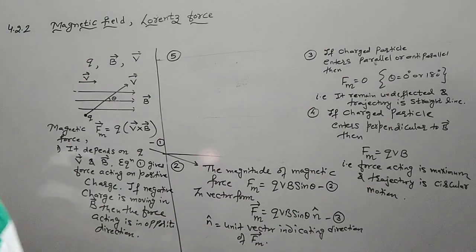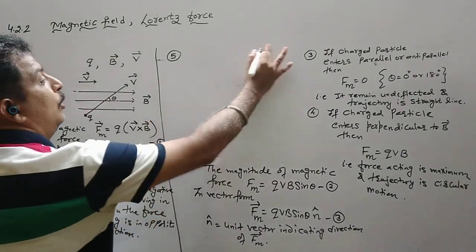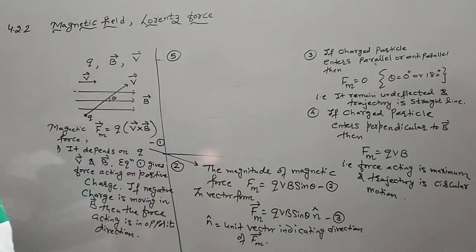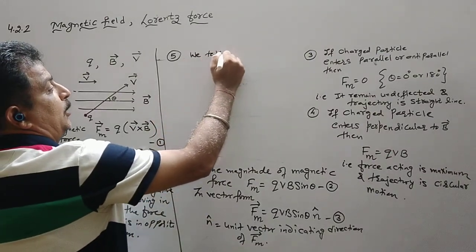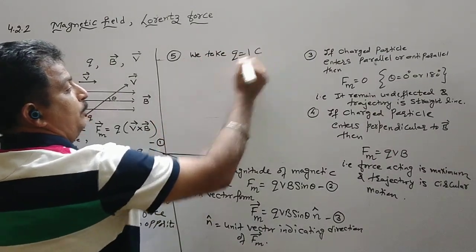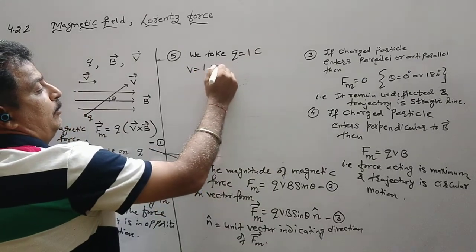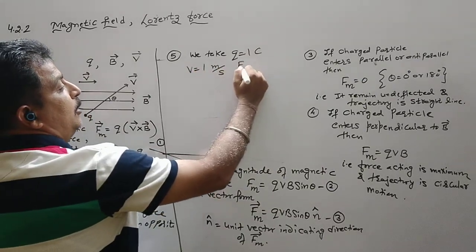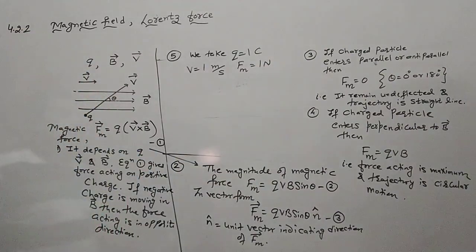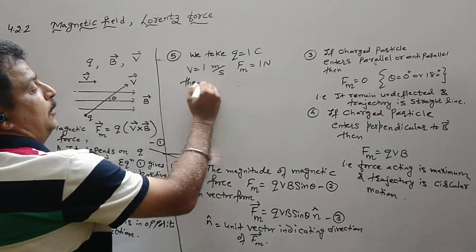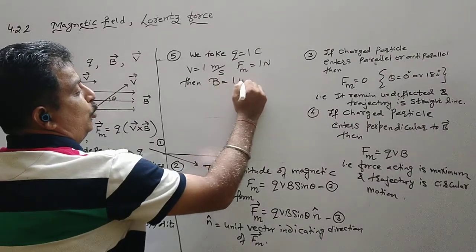So in the fifth point, if we want to discuss the unit, we take Q to be 1 coulomb, V to be 1 meter per second, and force 1 Newton. Then B is equal to 1 unit.